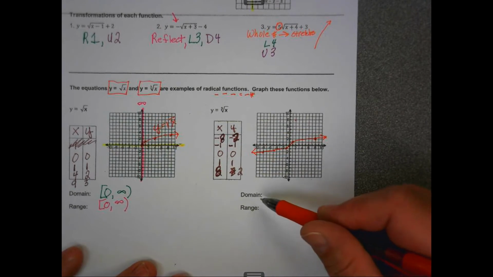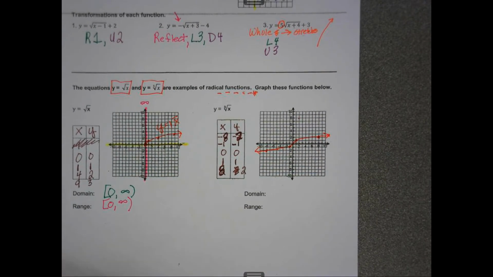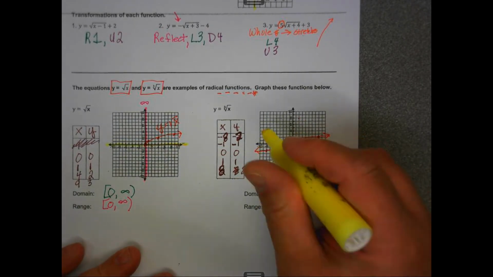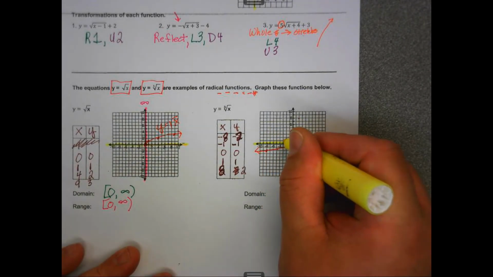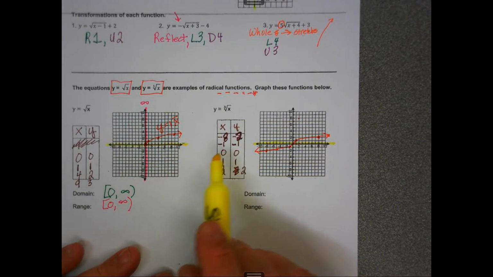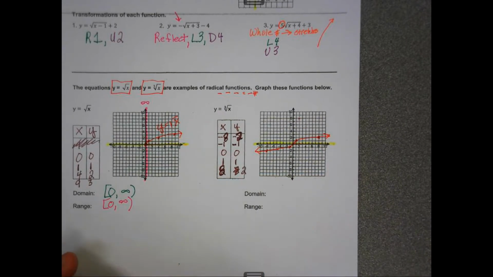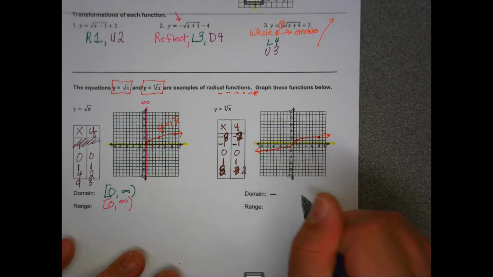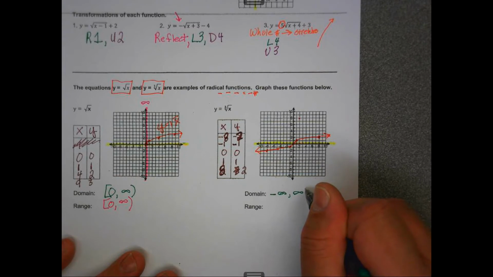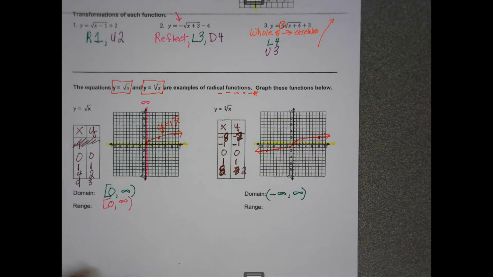And again, we're going to look at the domain and range. So the domain, actually, this one's going to be a little easier. For my x values, it starts way out here in negative infinity, goes to positive infinity. So we're going to do negative infinity and positive infinity. Of course, infinities always get parentheses.